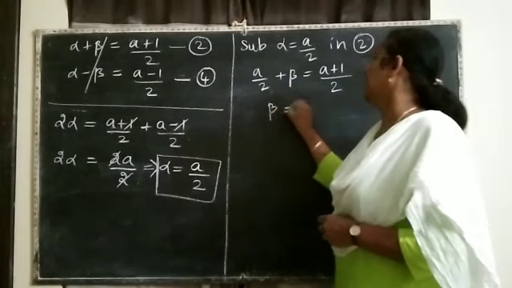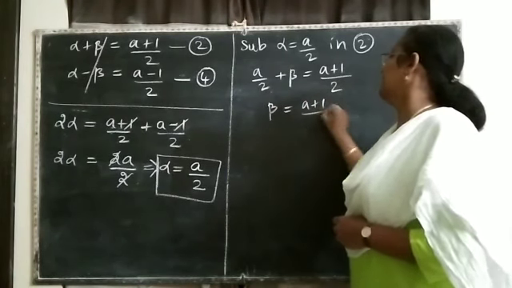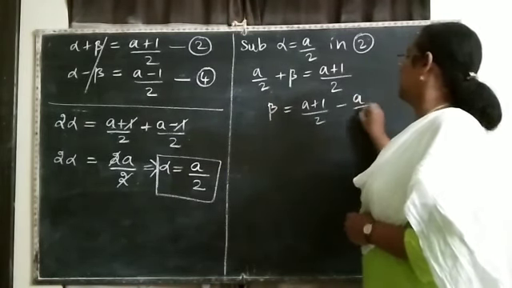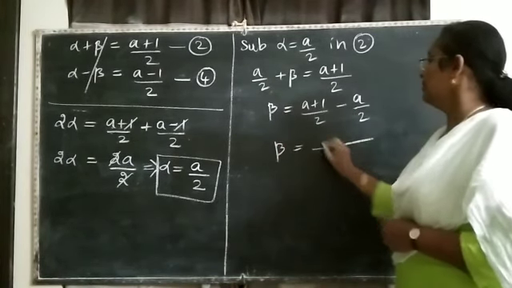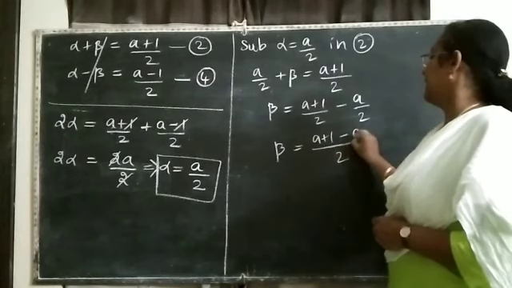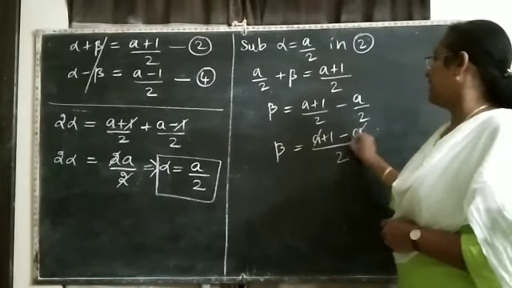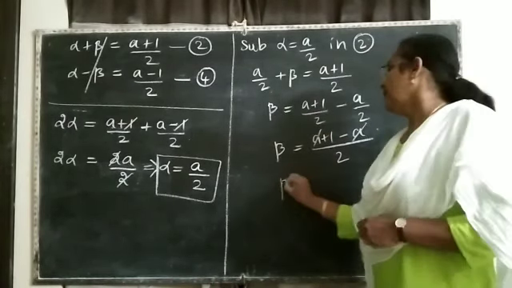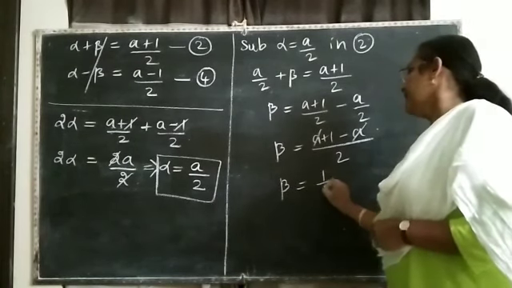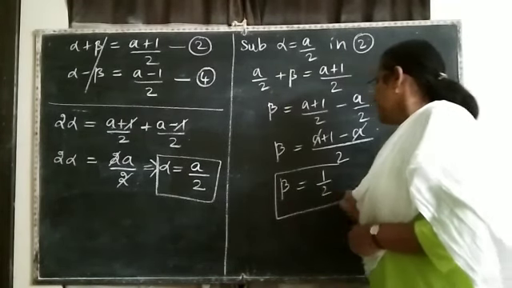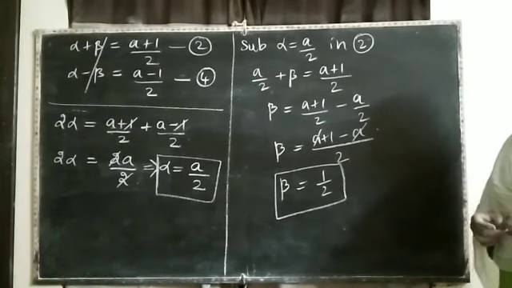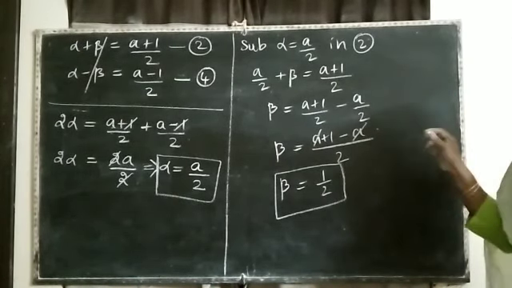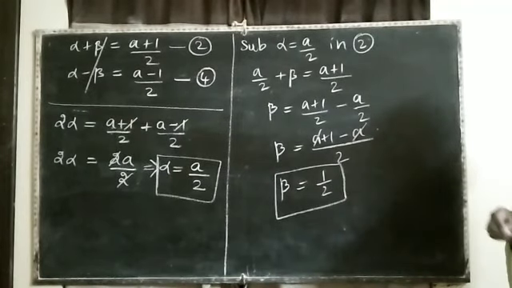Now beta will be equal to a plus 1 divided by 2 minus a divided by 2. So beta is equal to a plus 1 minus a, whole divided by 2. Plus a and minus a are getting cancelled. So beta takes the value 1 divided by 2. For what purpose are we finding the alpha and beta values? In order to prove the result that the value of a is equal to 2.